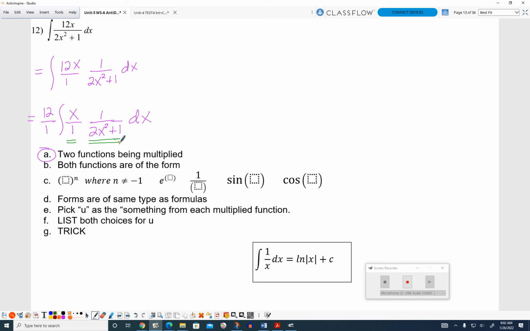What we started with was, so on your paper, way over here on the right, please write down the following. Derivative of 3 natural log 2x squared plus 1, plus, I don't know, say 8, over dx.